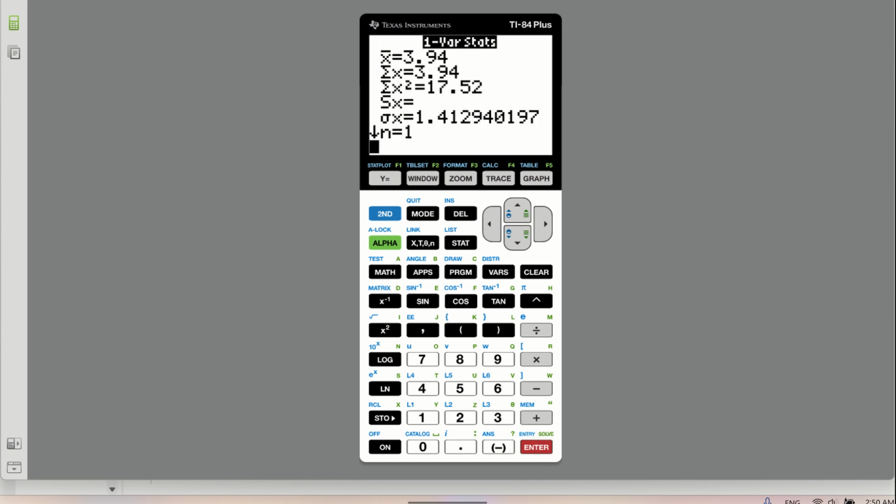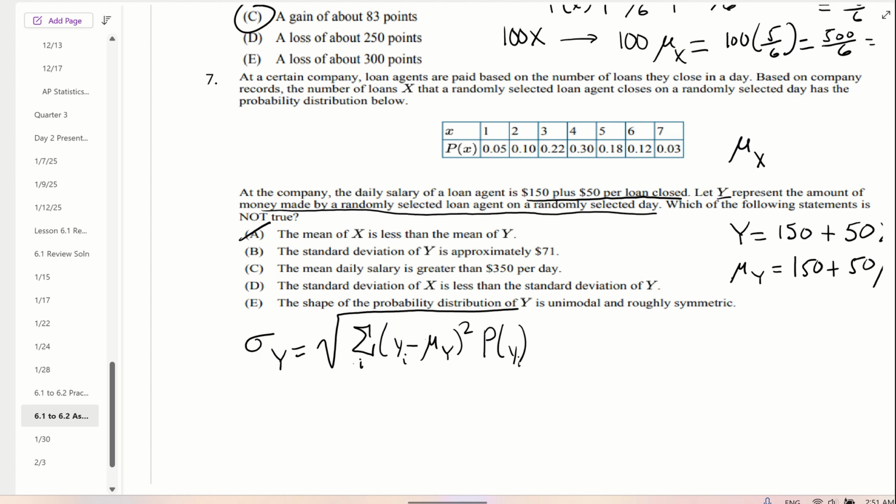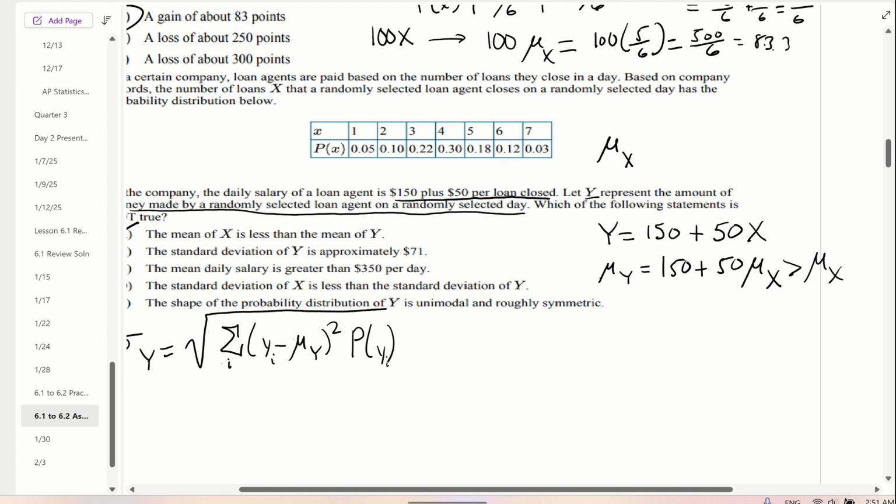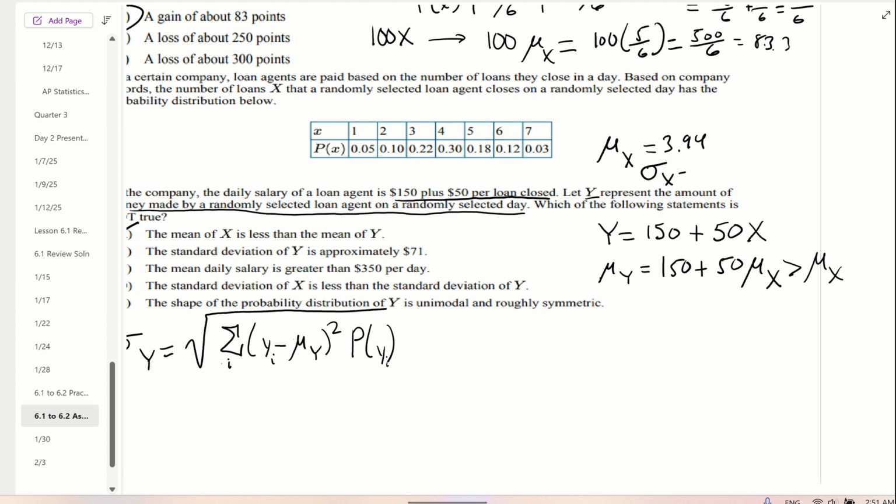And we get 3.94 for mu x, and for the standard deviation, we get 1.41. So mu x is 3.94, and sigma x is 1.41.